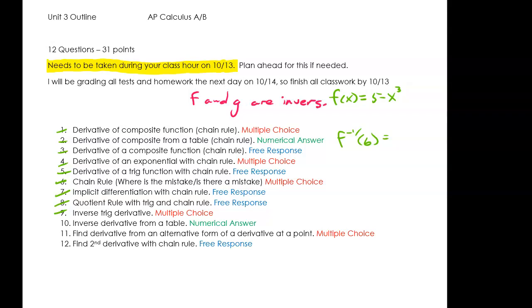That's how they start the problem off. And the reason they do that is this is telling you that G is F inverse. So instead of me saying F inverse prime of 6, in the problem, it's written as G prime of 6. So don't let the G throw you off. It's the same thing as inverse.